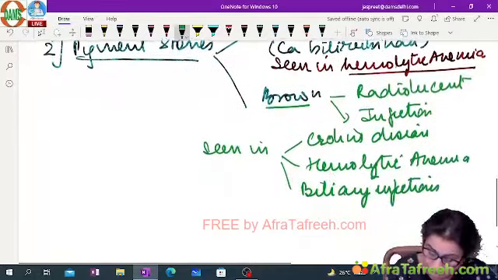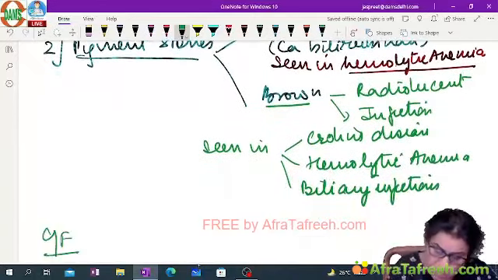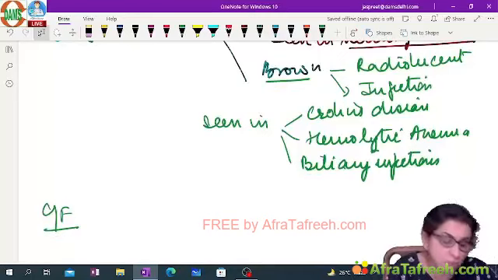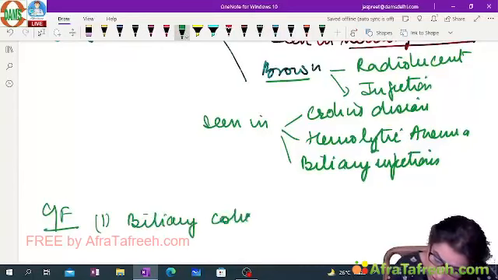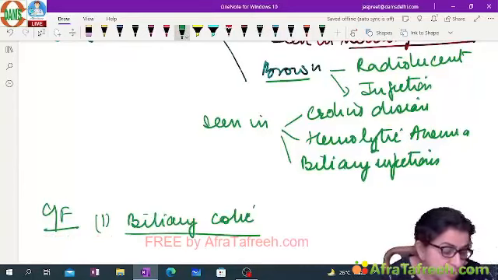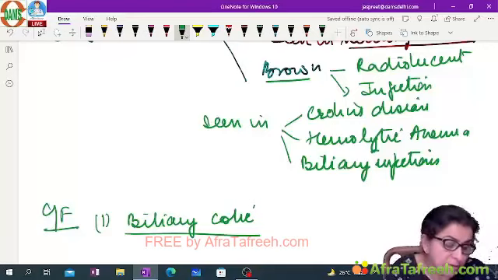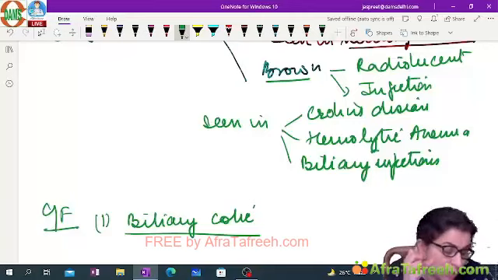Now clinical features. How does a patient with gallstones present if there is no complication? Number one, they have biliary colic. What is this biliary colic? It is a contraction pain because of contraction of the gallbladder.